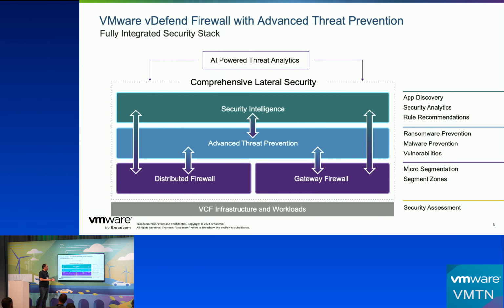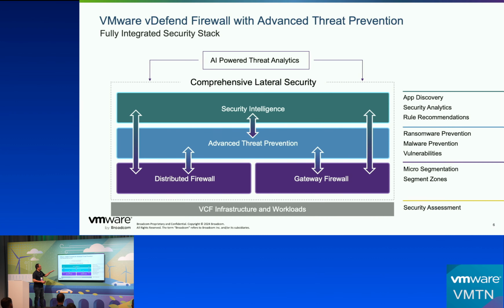The other use case of security intelligence is for incident response, and this is a very powerful interface. Say a security analyst wants to understand or visualize the attack path. You can actually use security intelligence to build a nice diagram to understand how the attacker moved laterally within your environment.